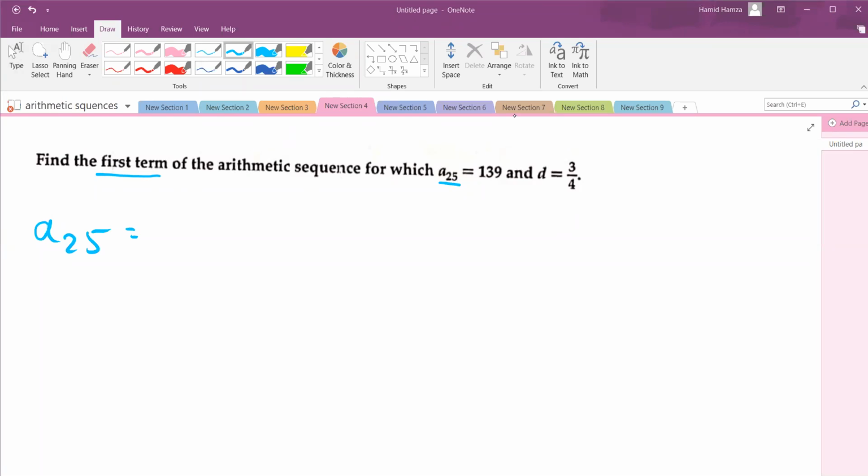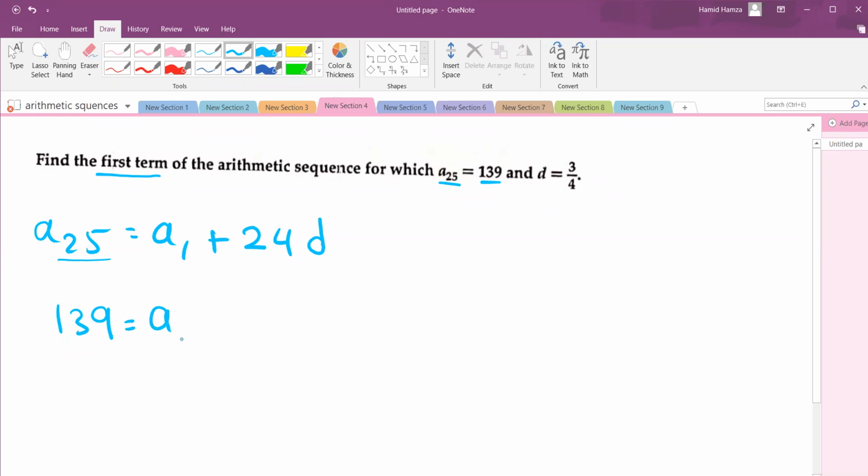A1, yes, A1 plus 24 multiplied by D. That's it. Let's substitute. A25 is 139, so we replace this by 139. A1 is required.